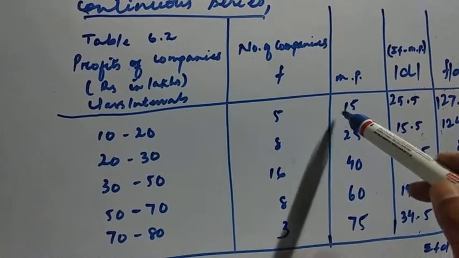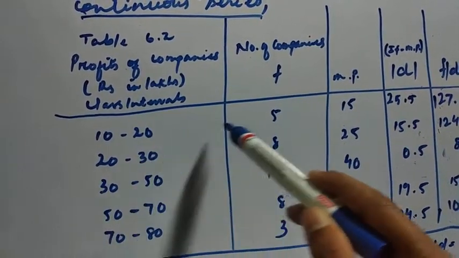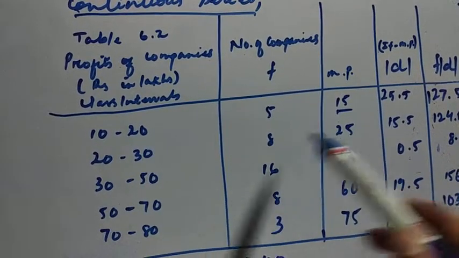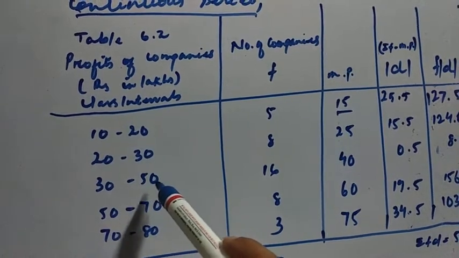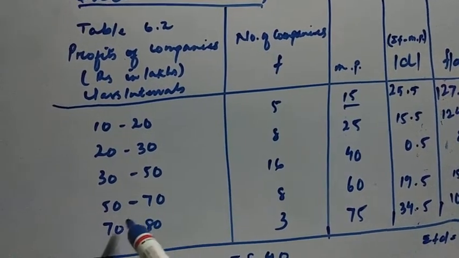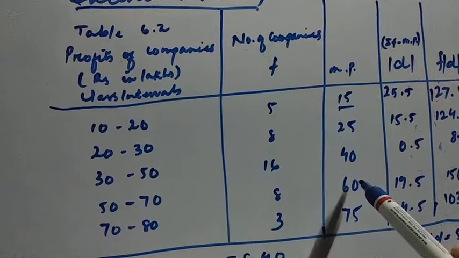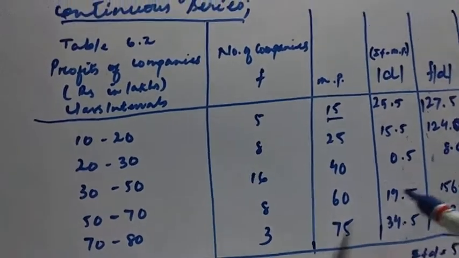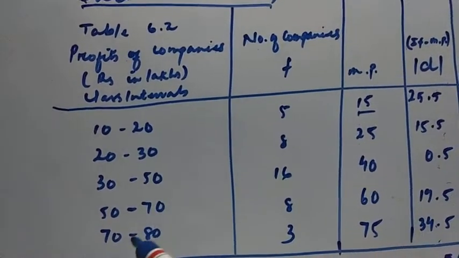For 10 to 20 the class midpoint is 15, for 20 to 30 it is 25, for 30 to 50 it is 40, for 50 to 70 it is 60, and for 70 to 80 it is 75, the middle value of the class interval.